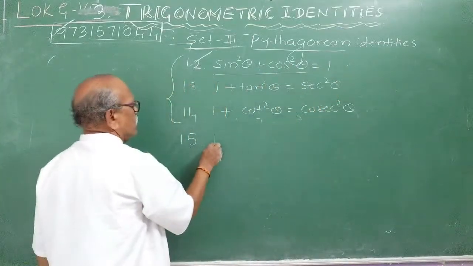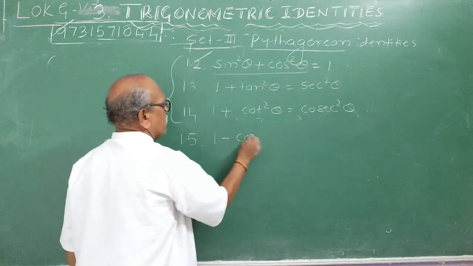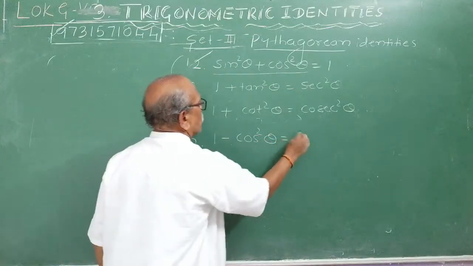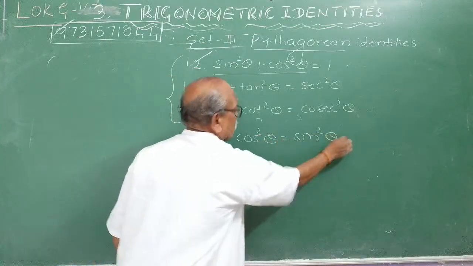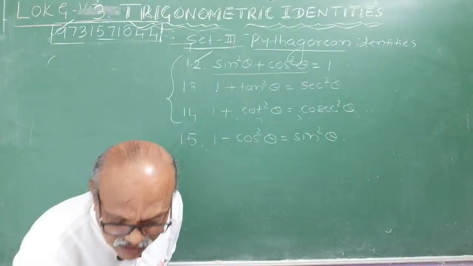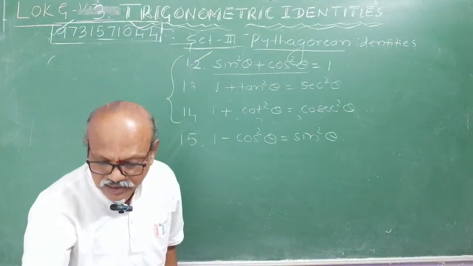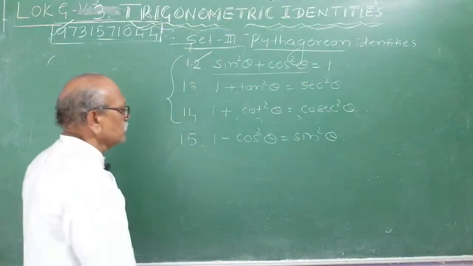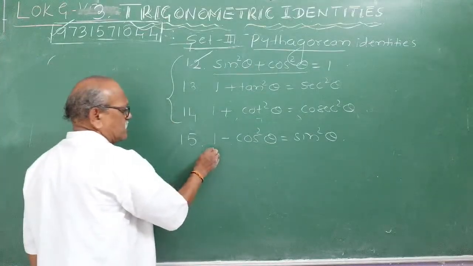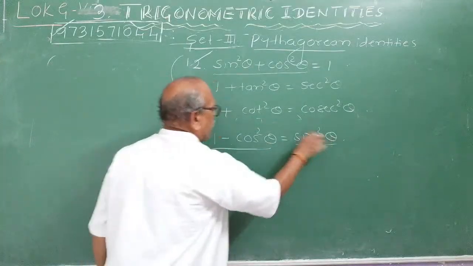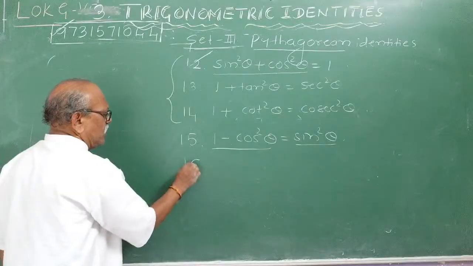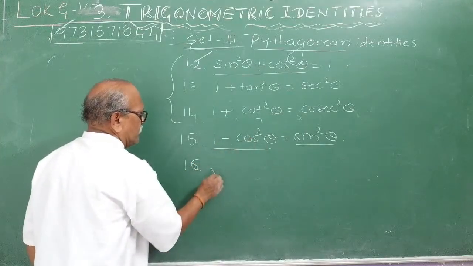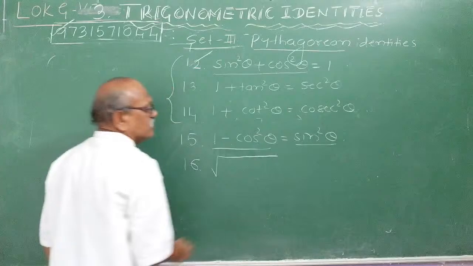What do you get? 1 minus cos square theta is equal to what? Sin square theta. 1 minus cos square theta is equal to sin square theta. Consider this one as another identity. Take the square root of it.